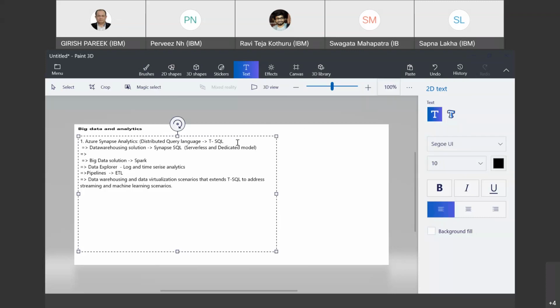Apache Spark is an open source technology, and Azure Synapse is an Azure-based model.